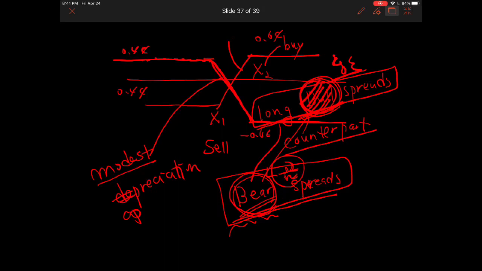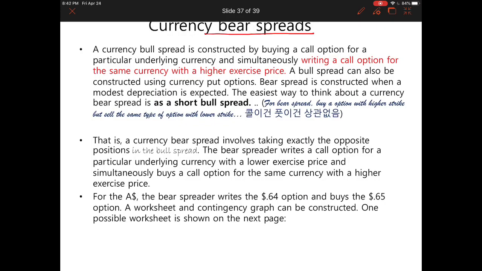So, to summarize, the bear spread is nothing more than the opposite case, or counterpart, of the bull spread constructor, right? That's my summary in essence. Now, I left this one to you to study by yourself.